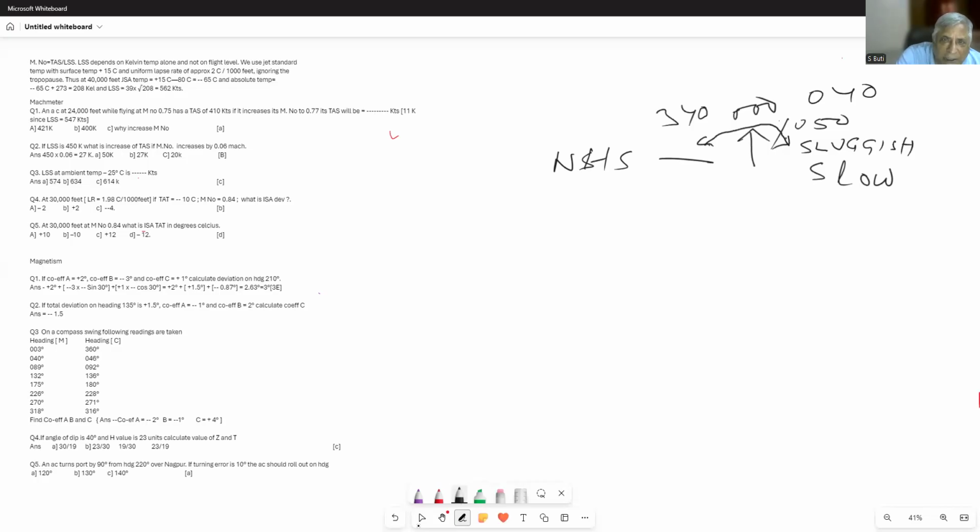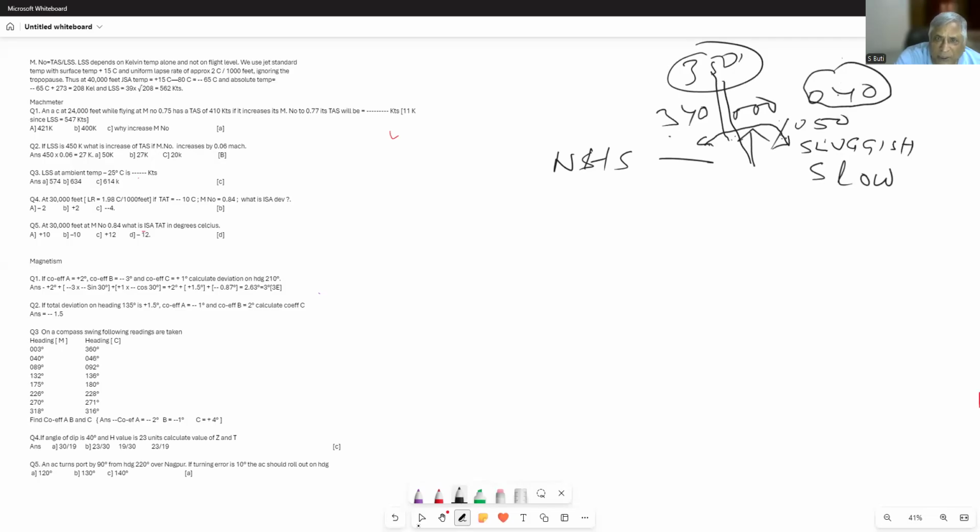If you are turning like this, here the reading is 040 instead of 050. Compass is sluggish. By the time you roll out, then it will settle down at 050. If you are turning left, rolling out early, 10 degrees early, the direction will be 350. Now here the direction is more, here the direction is less.